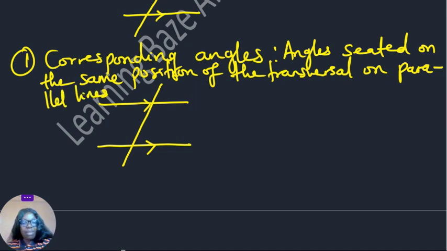Now what do I mean? I mean if you have this angle as x on the first parallel line, on the second parallel line it has to be on the same position of the transversal. So this place will also be x.